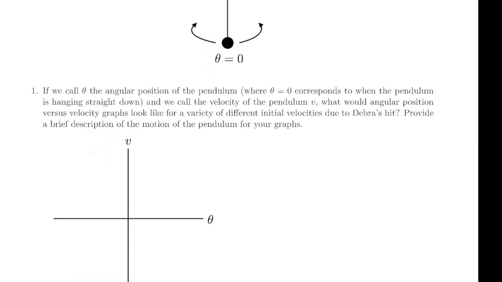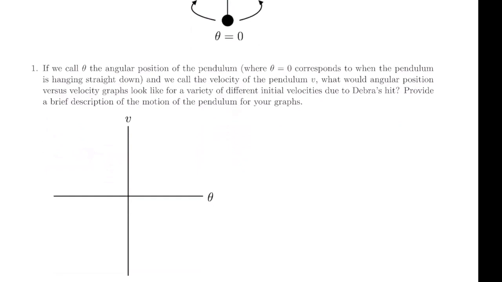Let's say I start at a point like right over here. At this point, we'll say that theta is 0 and the velocity is small.